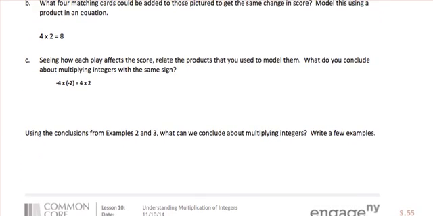So if we look at our conclusions in examples 2 and 3, what we find is that the product of two integers is equal to the product of their opposites.